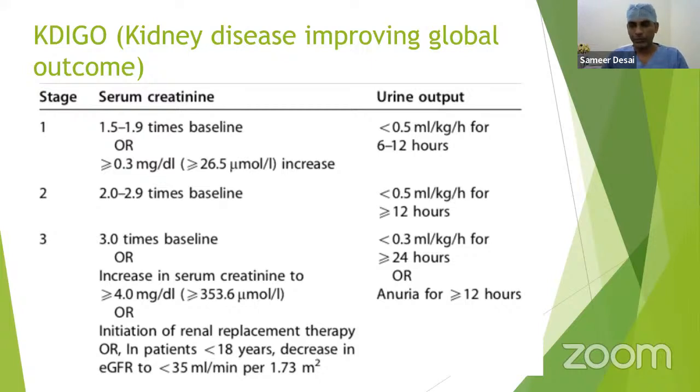Urine output is also taken into consideration. But urine output alone also is not reliable. Ultimately, creatinine value is taken as a surrogate marker of severity of decrease in renal function. And the fourth component in this definition is hours, that is over how much period of time. Right?